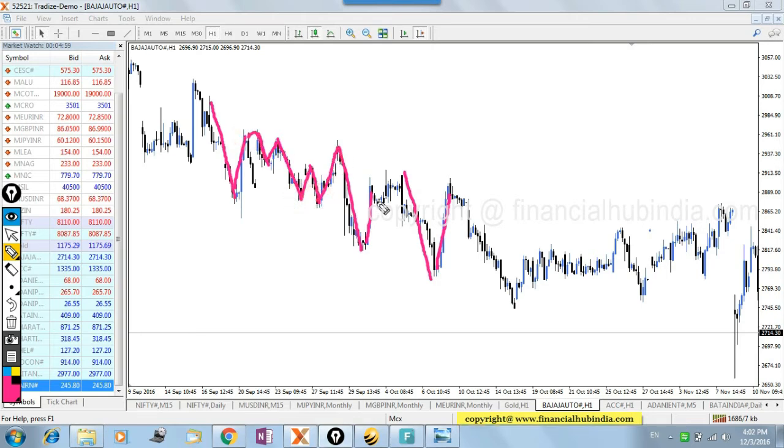If you connect all these straight lines with each other, you will be seeing a lot of zigzags.